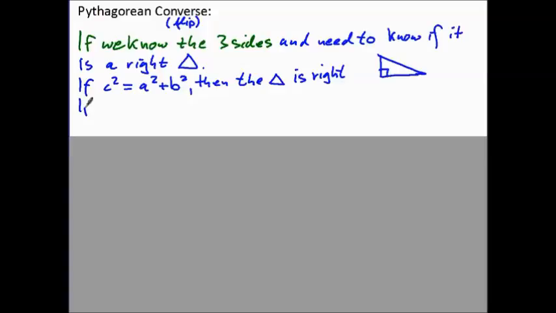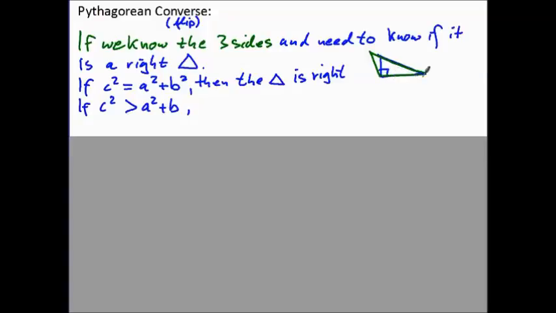We can say that if c squared is greater than a squared plus b squared, well, then what happens? Let's draw a little picture and see what that means for our triangle. Let's assume that c squared and also c is longer. Well then, our triangle is going to look something like this.